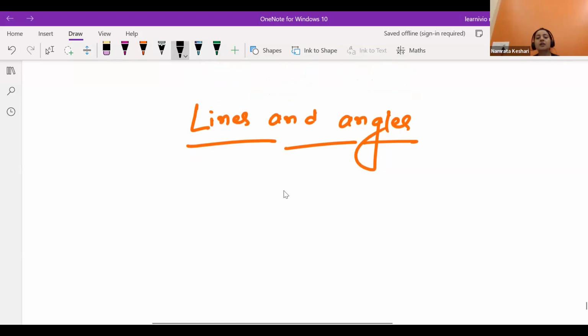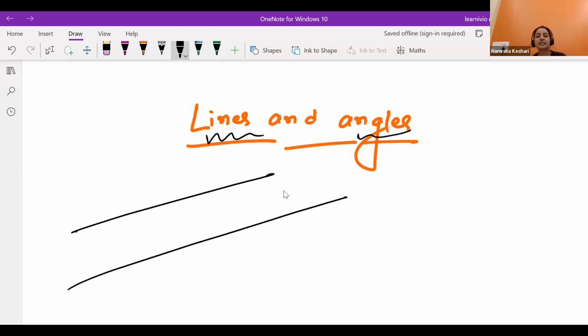Listen to me carefully. Here we will be discussing lines and angles. Different types of angles we will see over here, which maybe you already know, and lines also. The very first concept: whenever we are talking about lines, I'm not saying line, I'm saying lines. Lines means of course at least two lines.